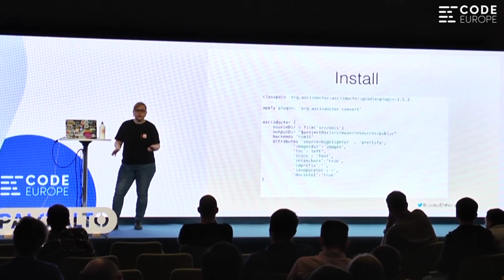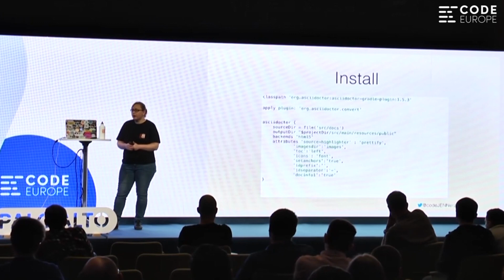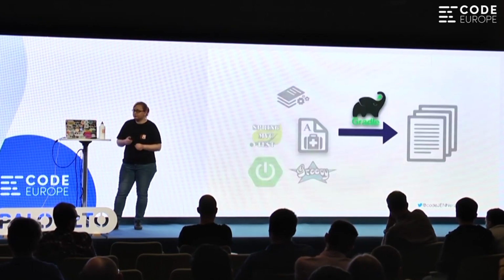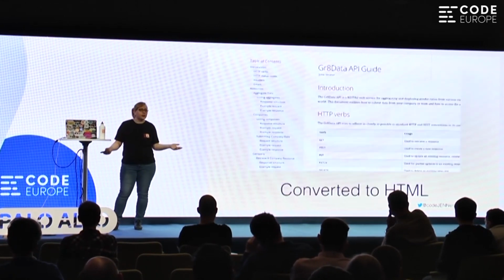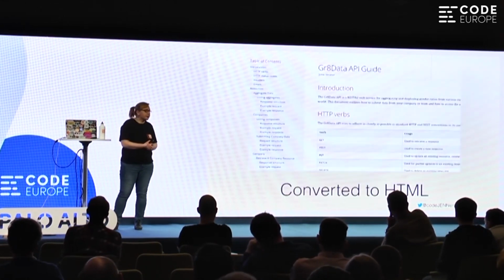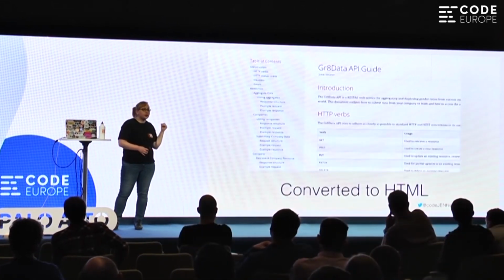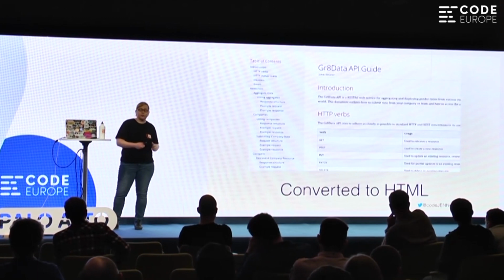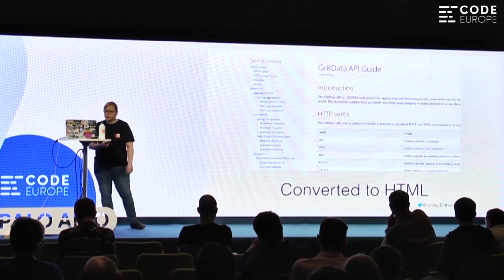You install it pretty easily with Gradle. There's a few things to add and some configuration, and you're up and running. So then if you actually run your Gradle build, you can get a wonderfully formatted document. So this is the HTML page that corresponded to that AsciiDoc with a little bit more information that wasn't on the screen.